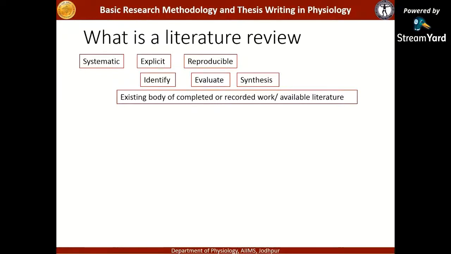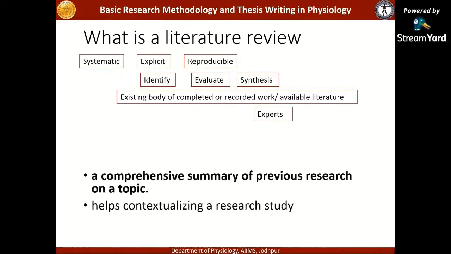And who has given us all this available literature? The experts, the researchers, the scholars, and other people who are working in that particular area. So, in short, we can say it is a comprehensive summary of previous research on a topic, which helps you contextualize a research study.